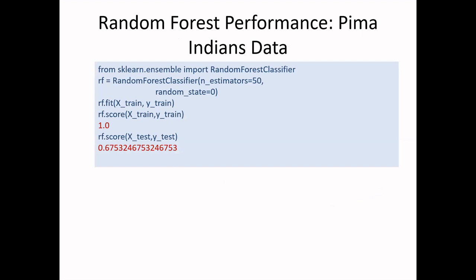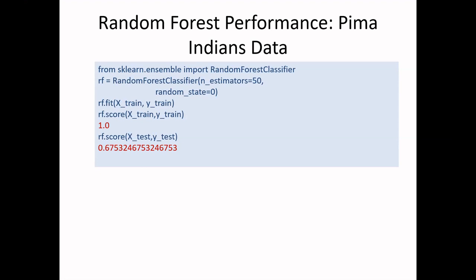All right. So let's look at the same example, which is the diabetes data set. So we do that. And in this case, now we build a random forest classifier. And we say, all right, let's use 50 estimators. So in that case, the score on the training set is 100%. That's no surprise.